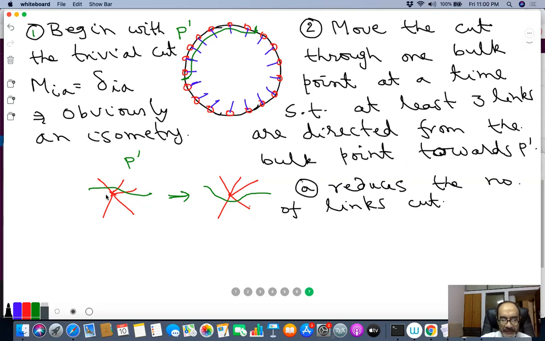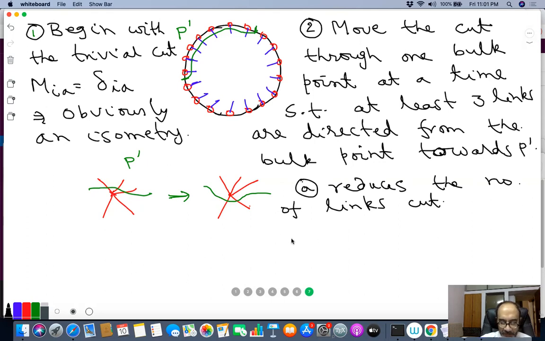Because if at least 3 links were directed towards P prime, then the original cut was cutting at least 3 links. When you move across, there are 5 links coming out altogether, so the cut will now cut at most 2 links. So you certainly reduce the number of cut links.